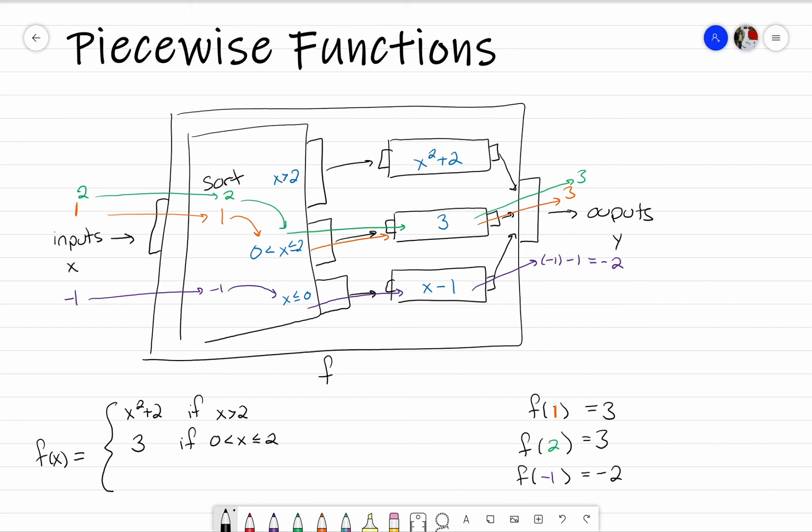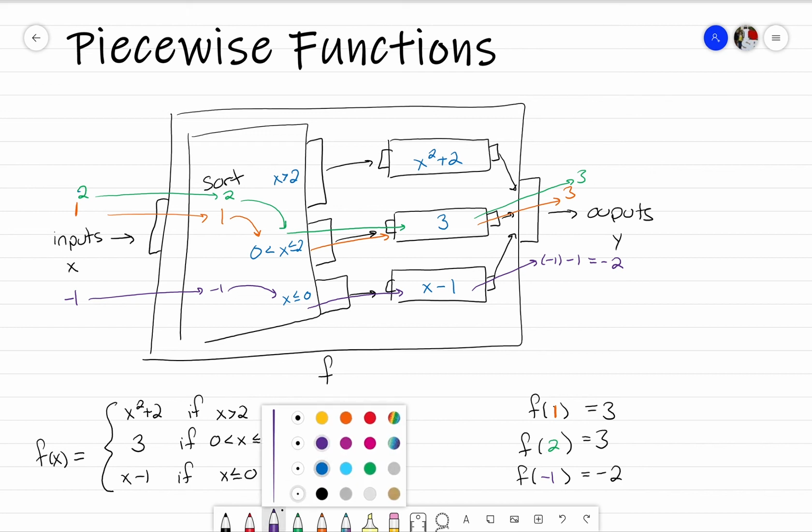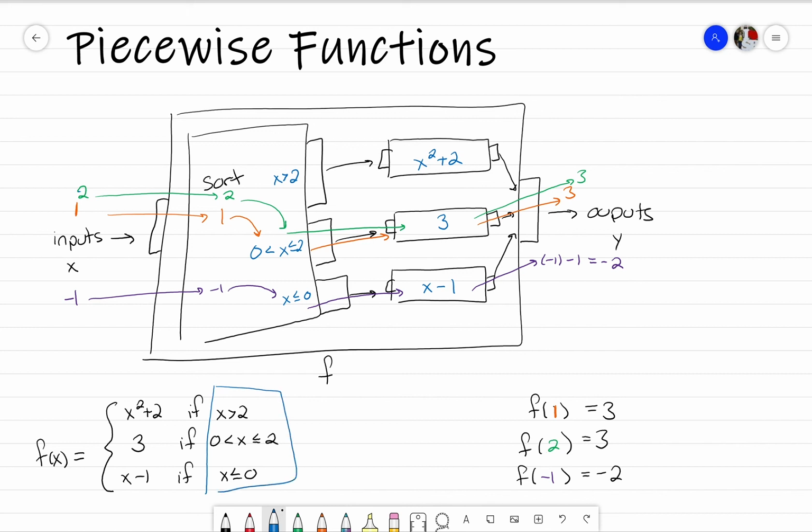And then our last rule is x minus 1 if x is less than or equal to 0. So just to reiterate, this is our sorting, and these are the rules that go with each bin. We've written them a little bit backwards from how you would actually run it, but that's our standard mathematical notation for piecewise functions.